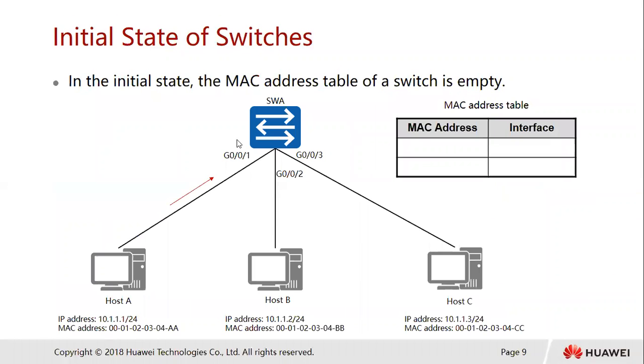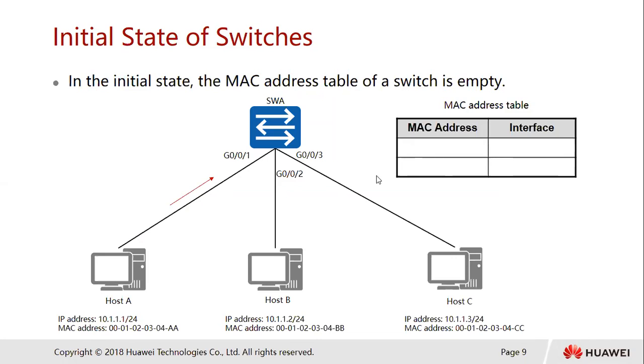So, the initial state of switches. You have bought a brand new switch, and you have connected host A, host B, and host C, but before connecting them, this is what you have in the MAC address table: nothing. What you have is the MAC address and the interface.